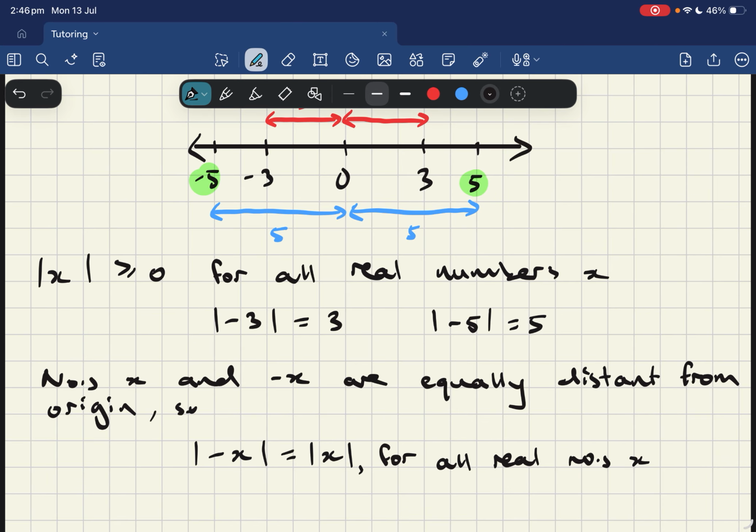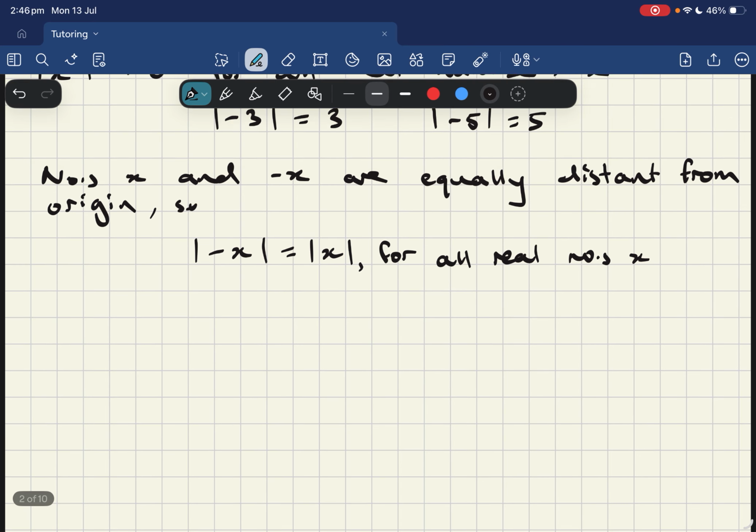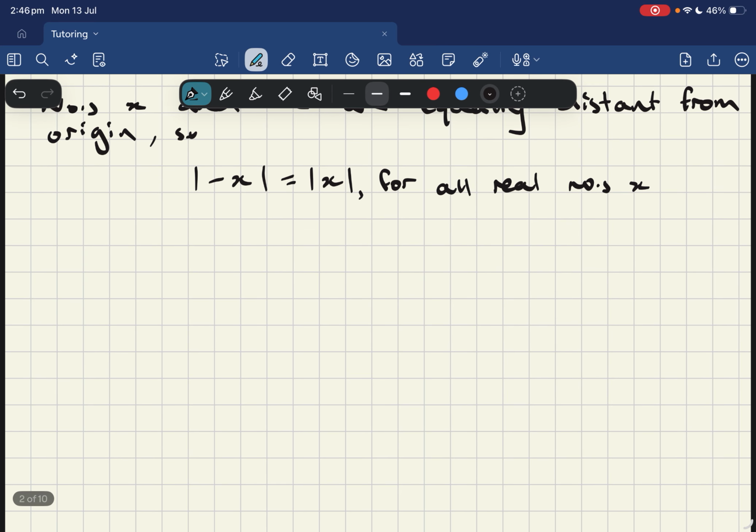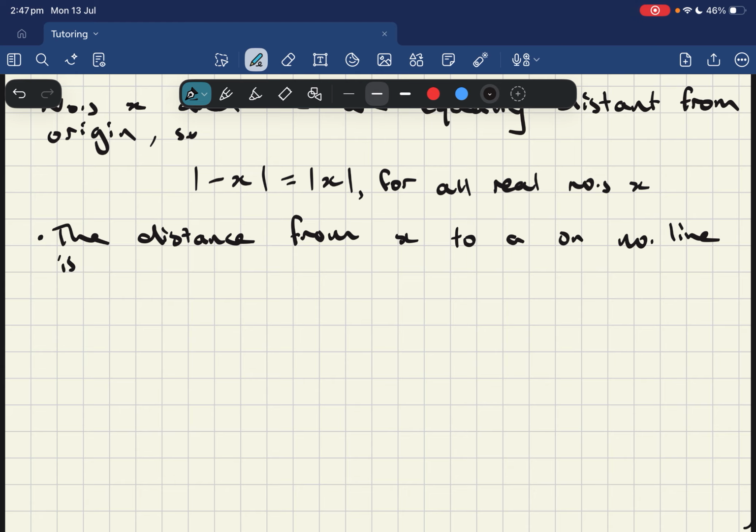Now, this doesn't just go for the distance from 0. We can also apply an absolute value to the distance between numbers. So we can say that the distance from x to a, so from some value x to some value a on the number line, is the absolute value of x minus a.